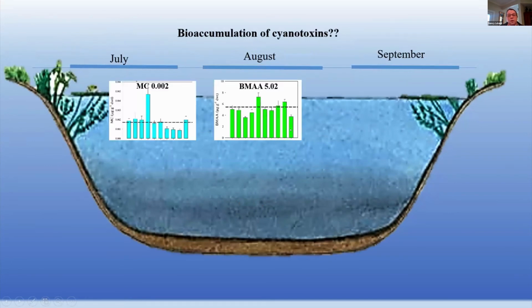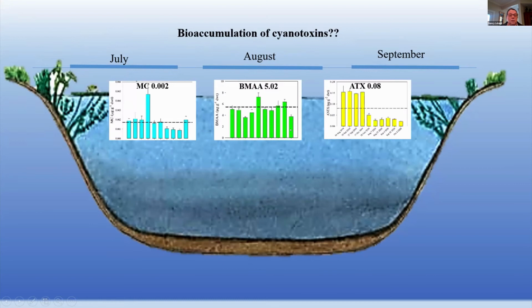So we did observe that the alewife muscle tissue had concentrations of microcystins, BMAA, and anatoxin. And the interesting thing about the bioaccumulation data that we did get was that these concentrations are similar to those that are already published in literature for adult fish.